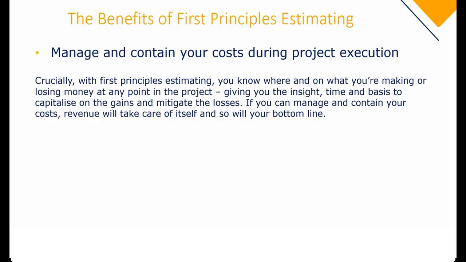So yes, it is a crucial part. It allows you to know where and what you're making or losing money on at any point in the project. So it's giving you insight, time, and the basis to capitalize on gains and mitigate your losses. So if you can manage and contain your costs, revenue will take care of itself, and in turn your bottom line. That's what it's all about, isn't it?